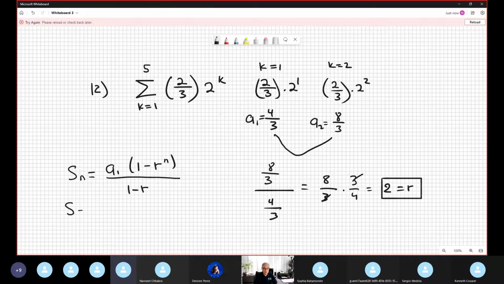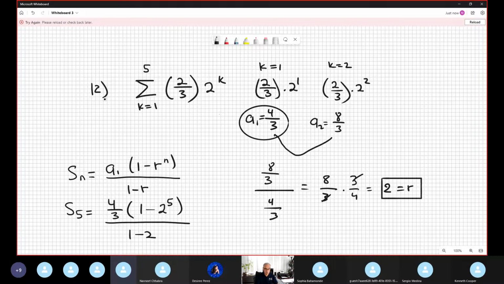Now I am ready to apply that formula. The summation of the 5 elements, because n is 5, is equal to A1, which is 4 over 3, times parenthesis 1 minus 2 to the 5th power, divided by 1 minus 2.